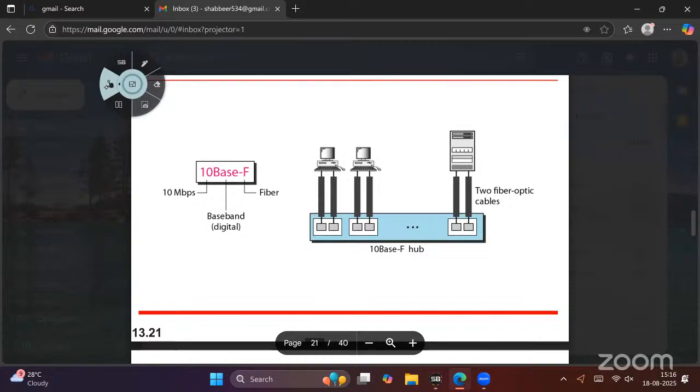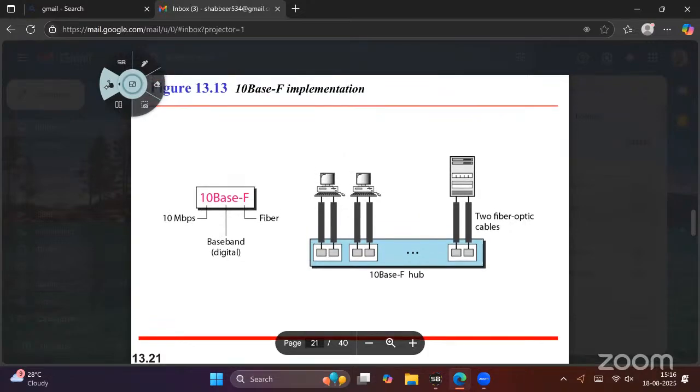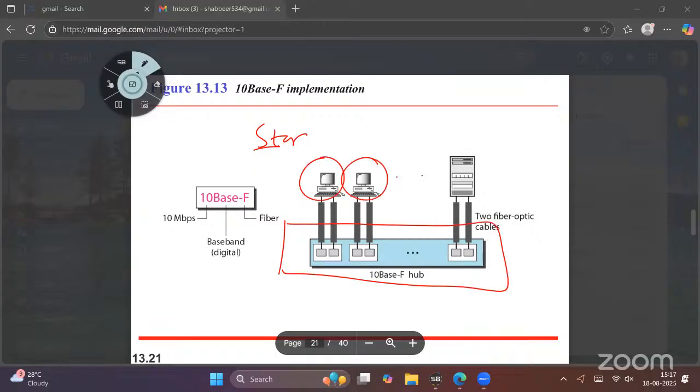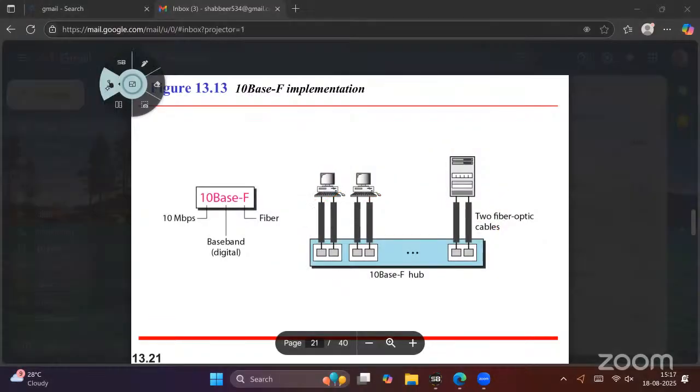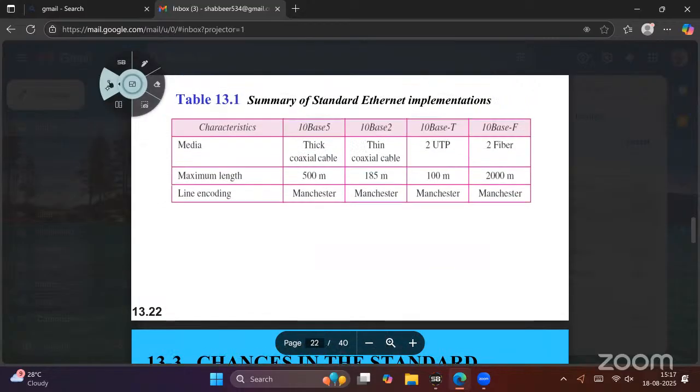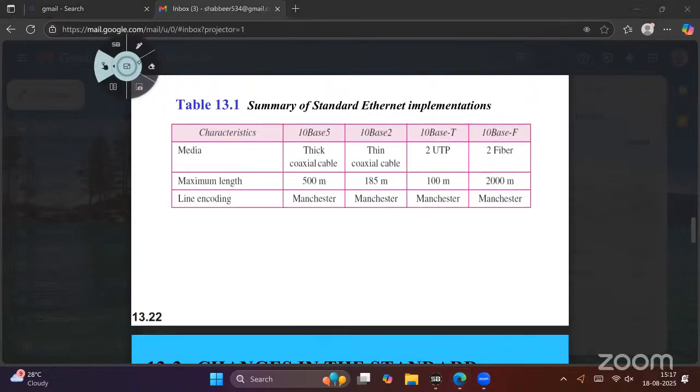And here we need to transfer the data using star topology. In star topology, we use a center device. The center device is connected to this node, this node, and another node. Here we transmit over fiber optic cable.